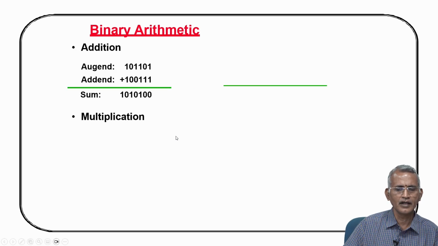For binary arithmetic addition, the augend is 101101, the addend is 10111, and therefore the sum is 1010100, because 1 plus 1 is 0 with a carry, and it continues like that.